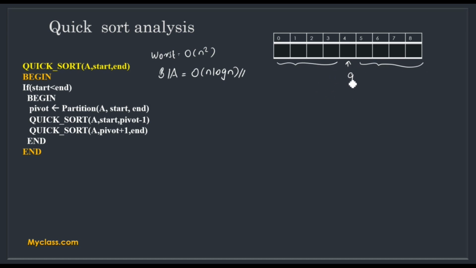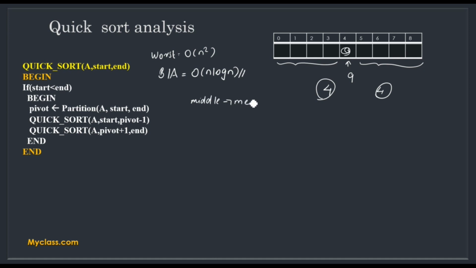When we have found the correct place for our pivot value, that is the 4, we can divide this problem into same-length subproblems. That is the best case for quicksort. It happens when we select the middle value as the pivot.